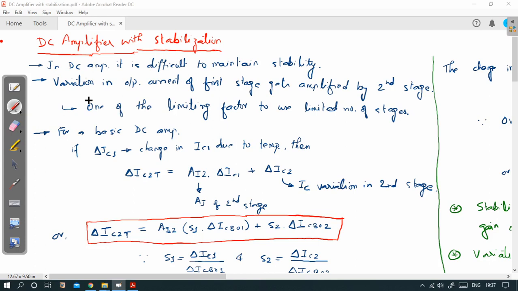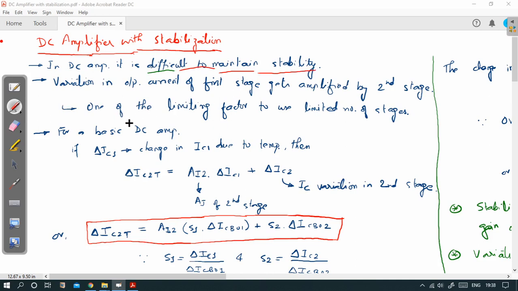It should not deviate with time or temperature or with other parameters. And in DC amplifiers it is difficult to maintain stability.